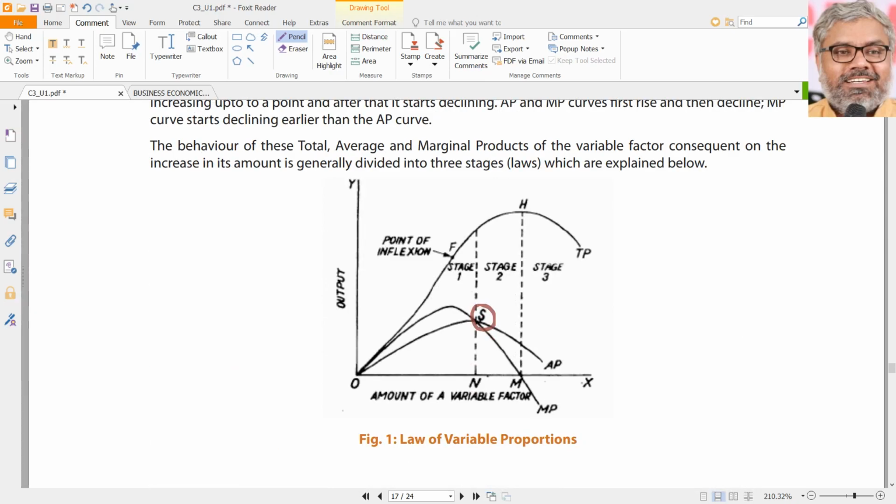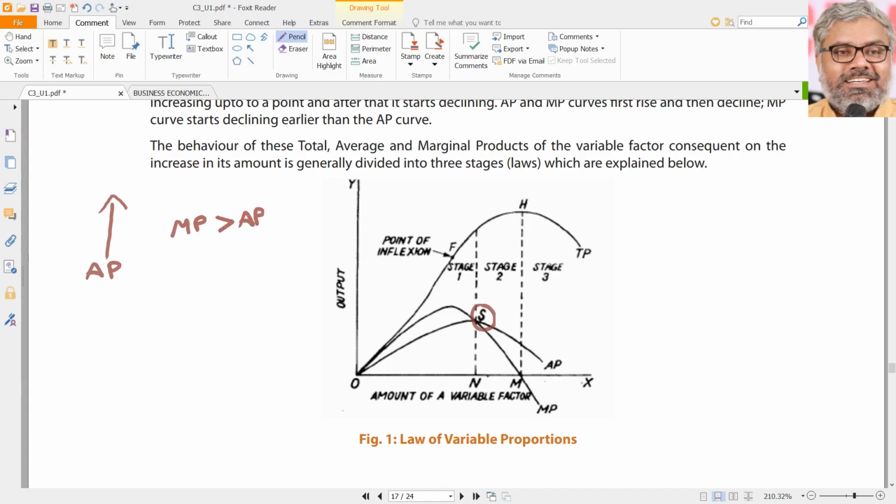As long as the average product is rising, what can we say? Marginal product is more than average product. That is the first point.